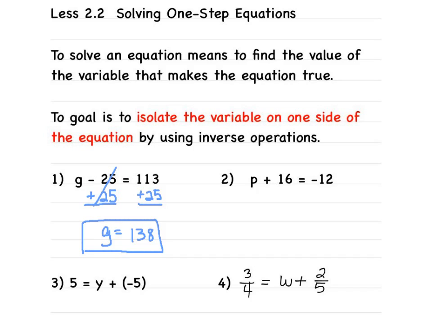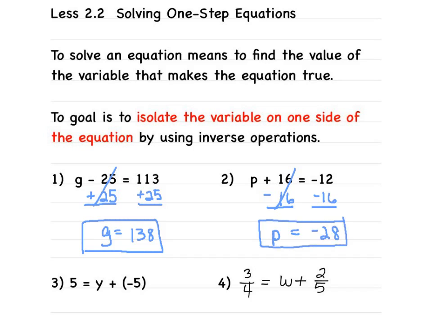So 16 is being added, I'm going to subtract 16, and whatever I do on one side, I have to do on the other. Okay, so plus 16 minus 16, we know that cancels out, it equals 0, and so P is alone. Negative 12 minus 16 would be negative 28. So P equals negative 28.